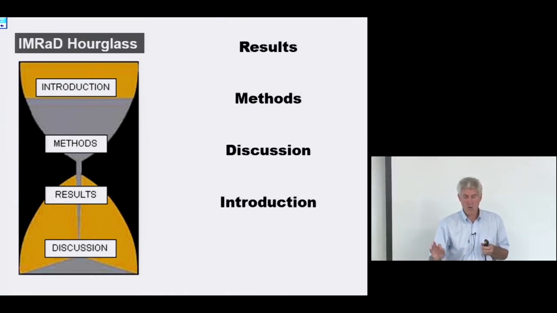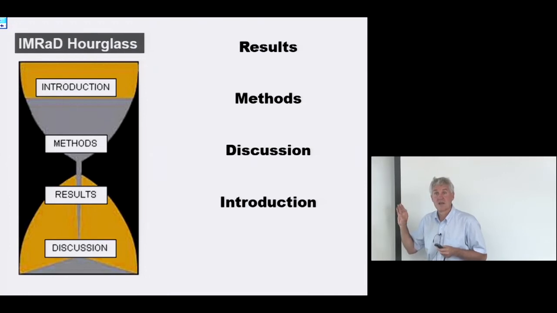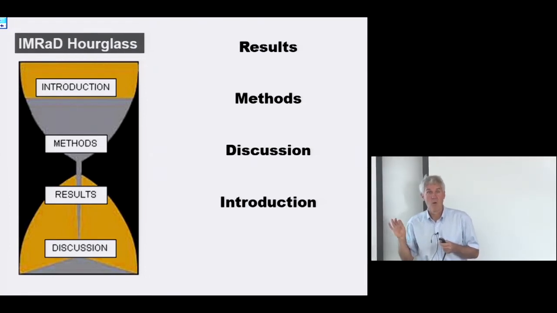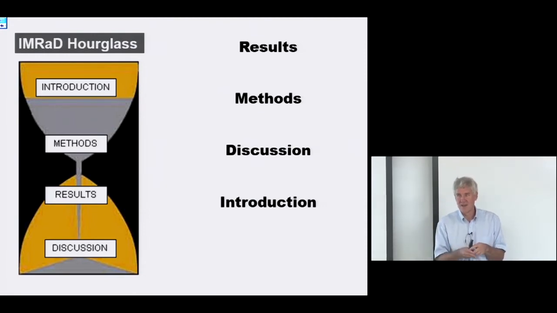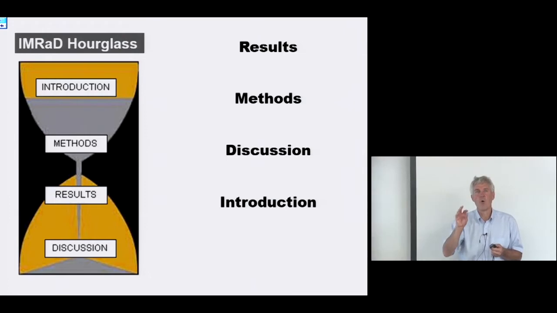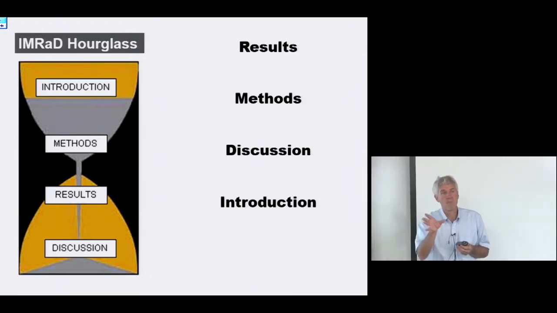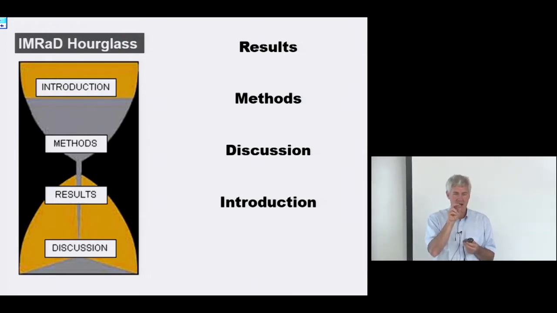So normally they would start at the results. Why? Because there are very often more results than you can fit into 7 minutes. You only have 7 minutes. You cannot fit all the information of one paper into that.